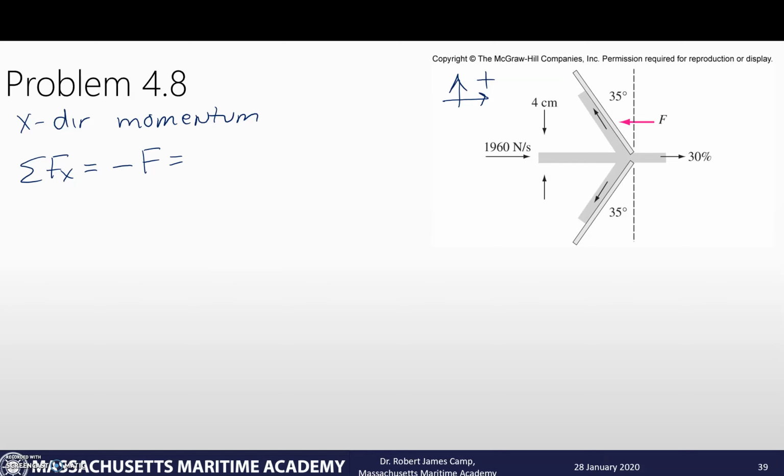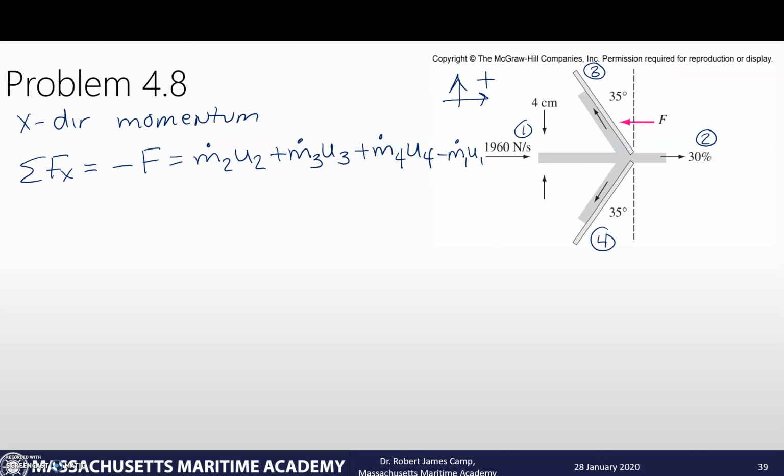Mass flow rate at 2 times the x velocity at 2, that's coming out, plus the mass flow rate at 3 times the x velocity at 3, plus the mass flow rate at 4 times the x velocity at 4. So remember, this is 1, 2, 3, and 4. And now that's minus all the momentum coming in, which is minus m dot 1 u1.